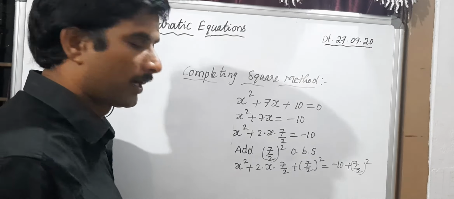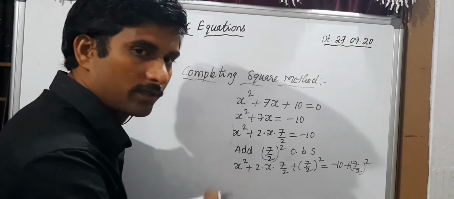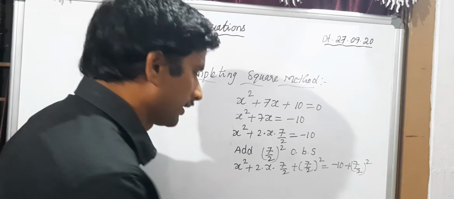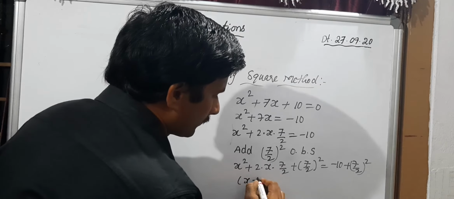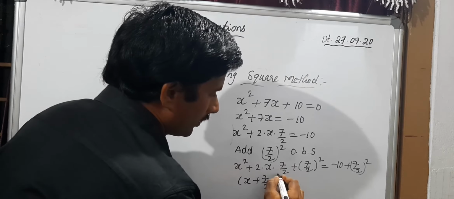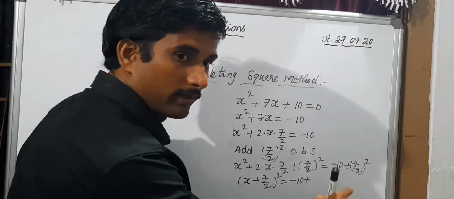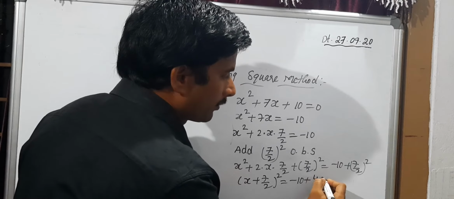Now, the left hand side you should observe is in the form of a square plus 2ab plus b square, which is a plus b whole square. So x plus 7 by 2 whole square is equal to, on simplifying the right side value, 7 by 2 whole square, which means 49 by 4.